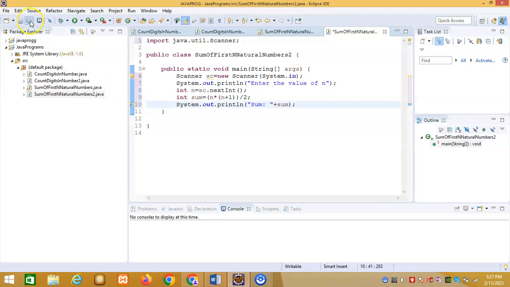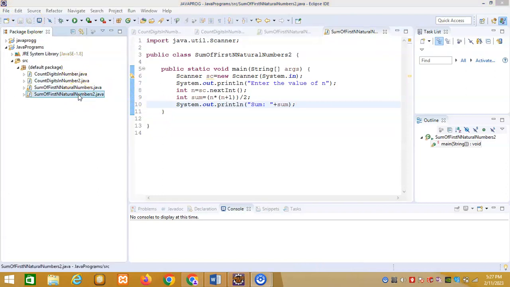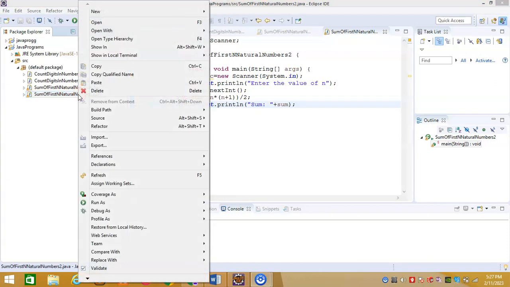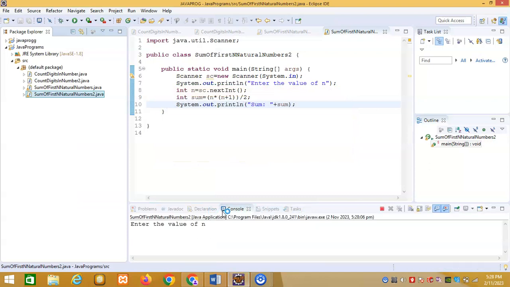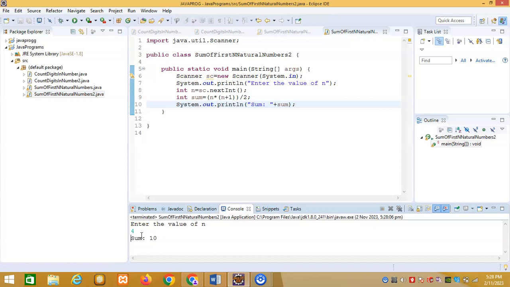So let's run this program. I will enter the value of n as 4, and you see the sum is given as 10.